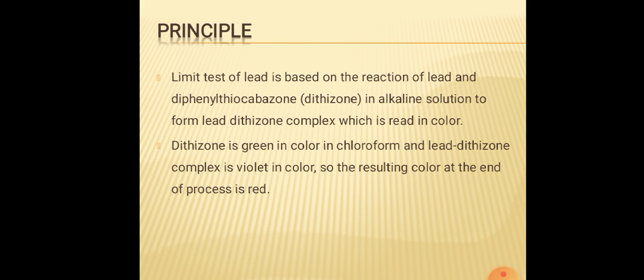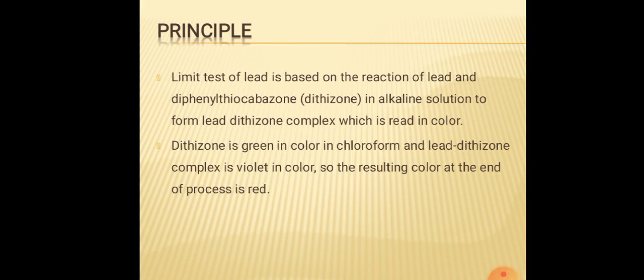The lead present as an impurity in your substance is separated by extracting the alkaline solution with dithizone, and this extraction solution adjusts the pH to prevent interference of other metals.